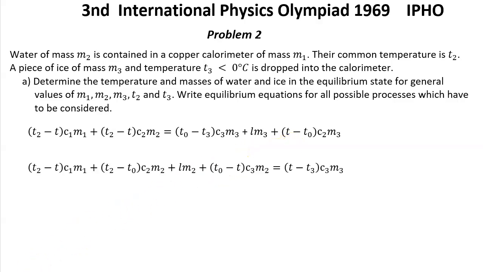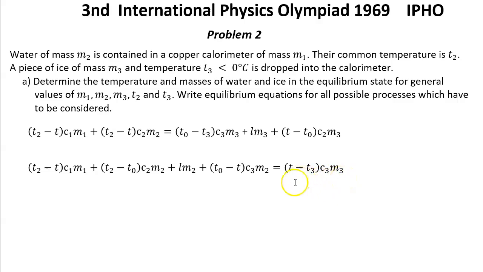Second case, this is the opposite. Now we suppose that everything became ice. So it means that on the right part of this equation we have (T minus T3) multiplied by C3 M3.